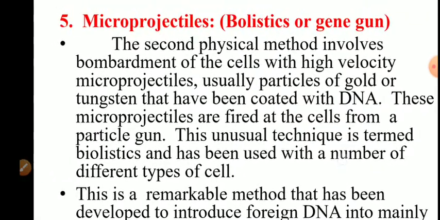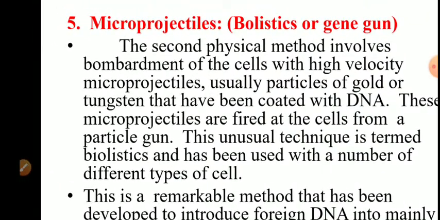The next is microprojectiles, also known as ballistics, or the use of a gene gun to insert foreign DNA, that means recombinant DNA, inside the host organism. This is the second physical method, used mostly in plants.